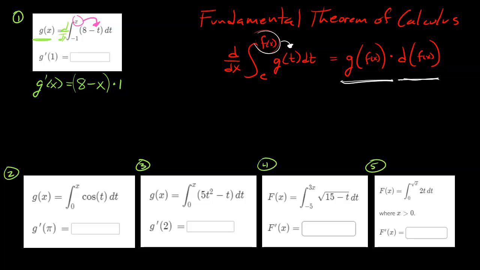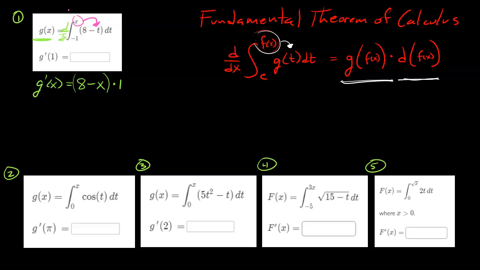Now you'll see that this question asks us to find g prime of 1. It's not d times x, but it's the derivative of x. So g prime of 1 would mean I would plug 1 in. Oh my goodness. Thank you, Melanie. You threw me off for a second when you said negative 1.